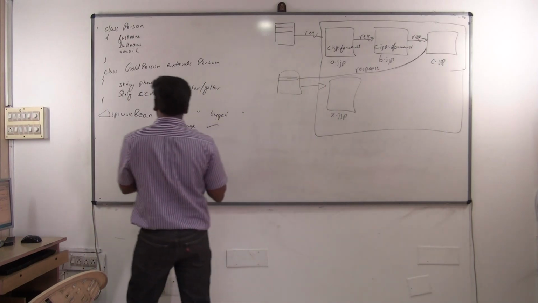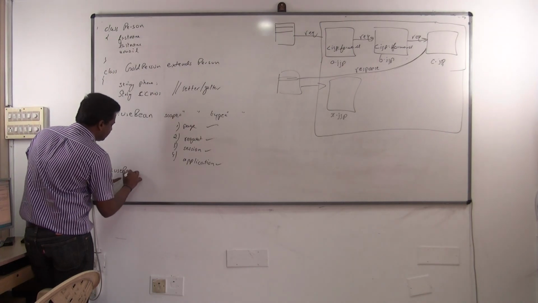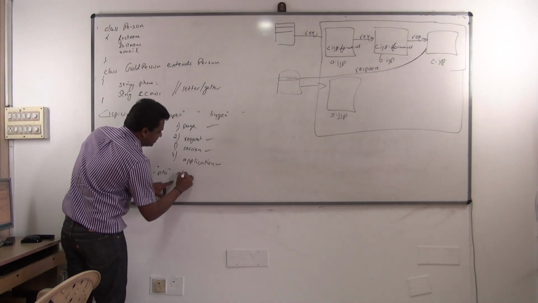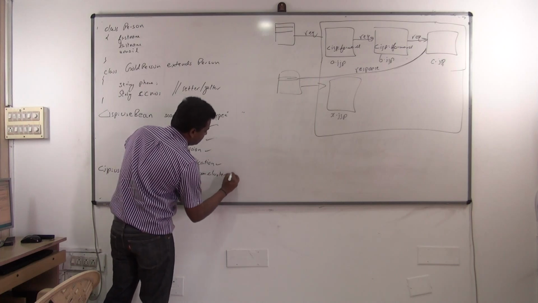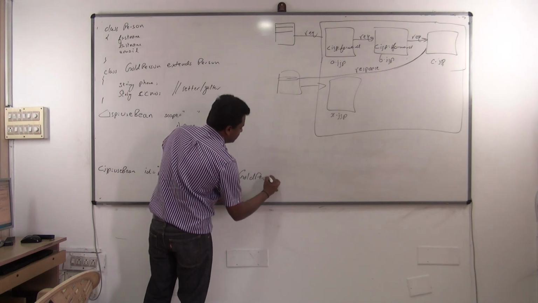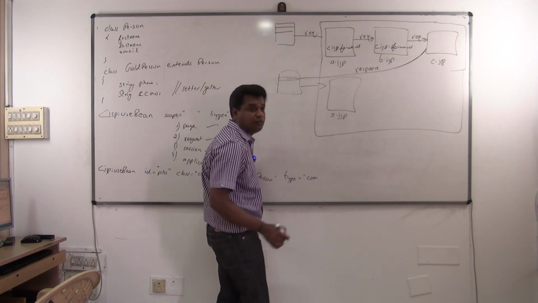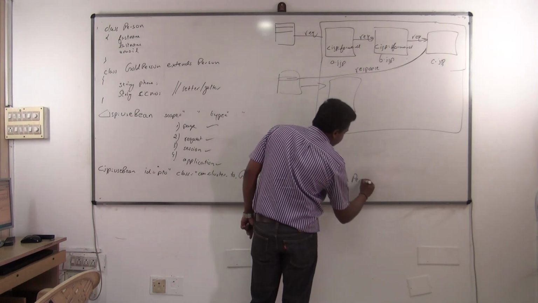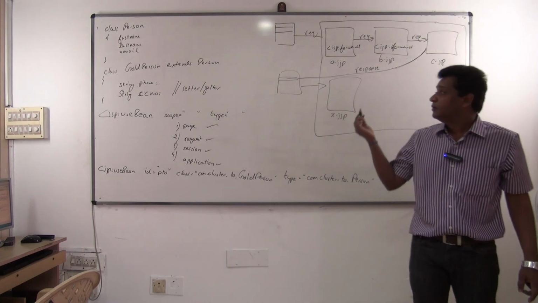Now see how I will use it: jsp colon useBean, id is equal to PTO, class is equal to com.cluster.TO.GoldPerson, type is equal to the fully qualified class name, com.cluster.TO.Person. It will be like Person p is equal to new GoldPerson.